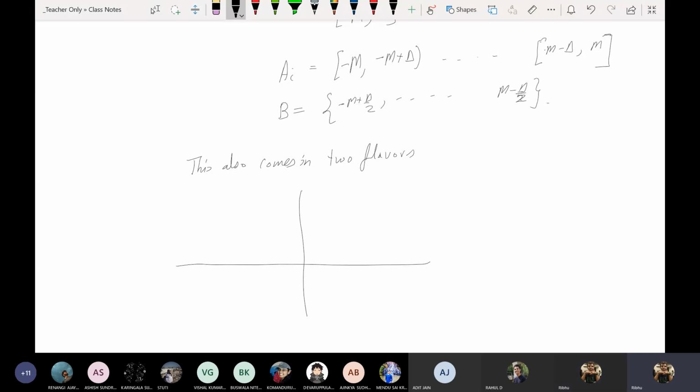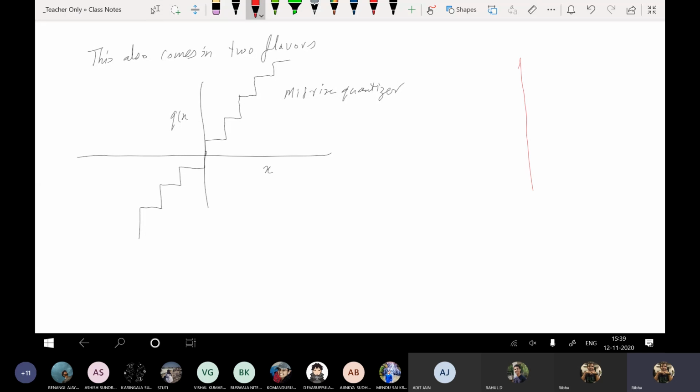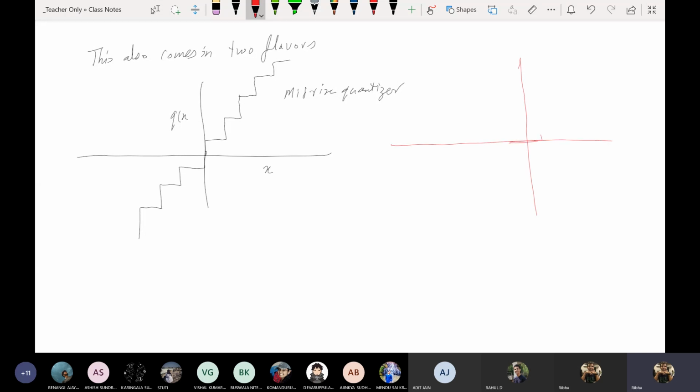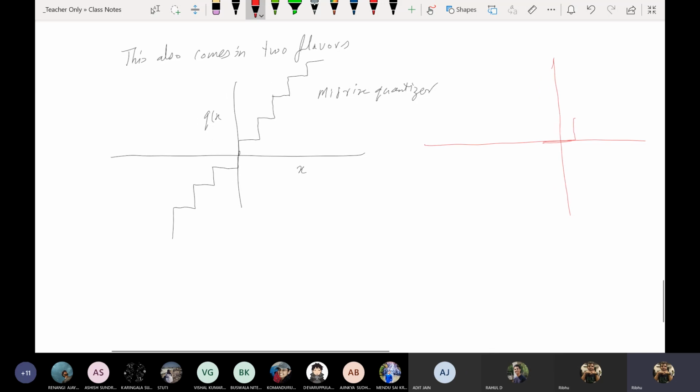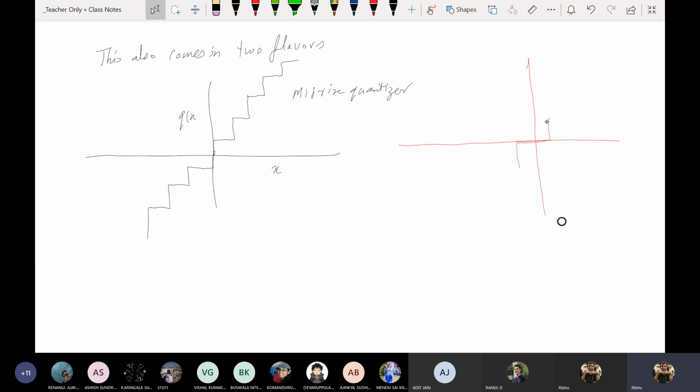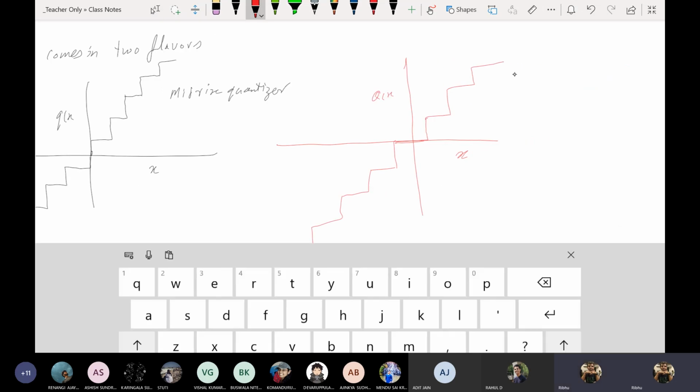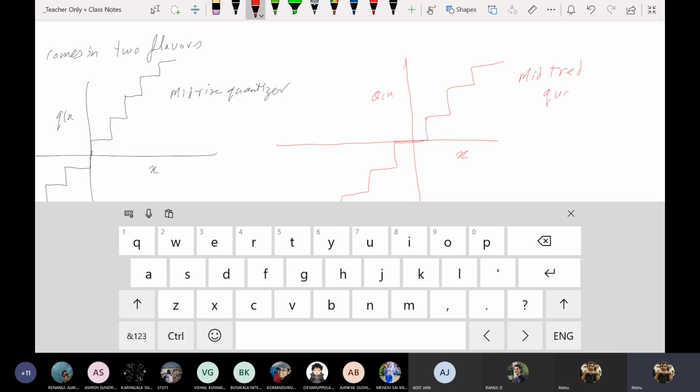This is called the x q of x mid-rise quantizer, and this is the x q of x mid-thread quantizer.